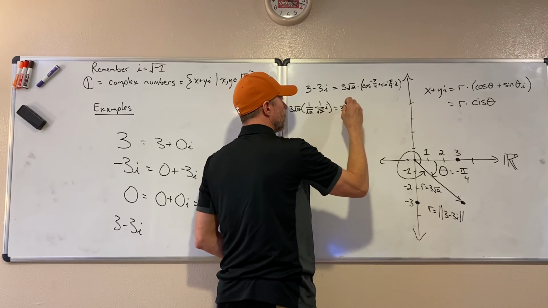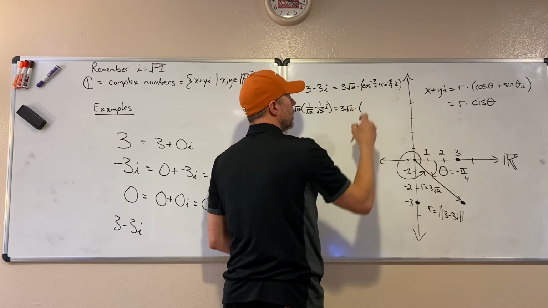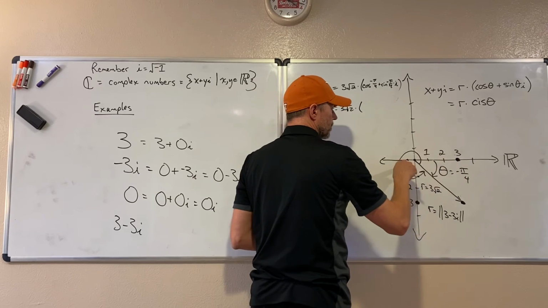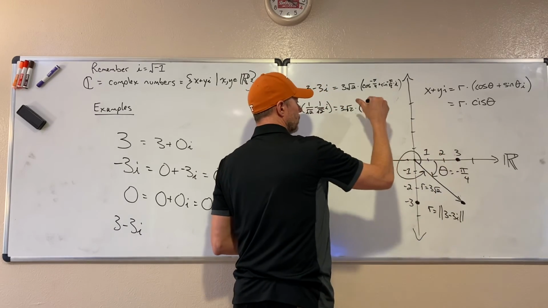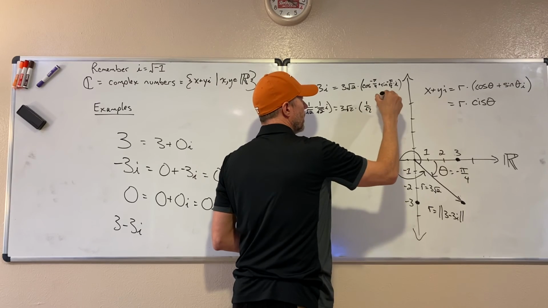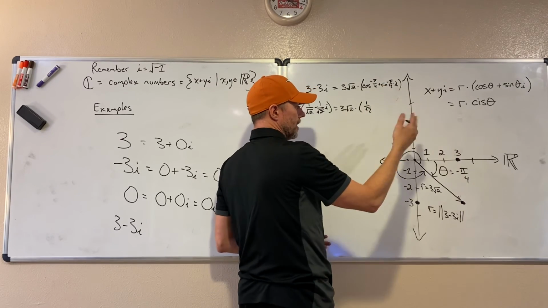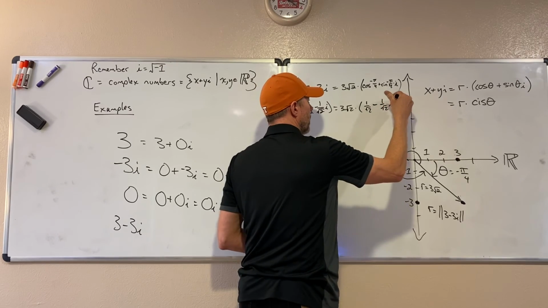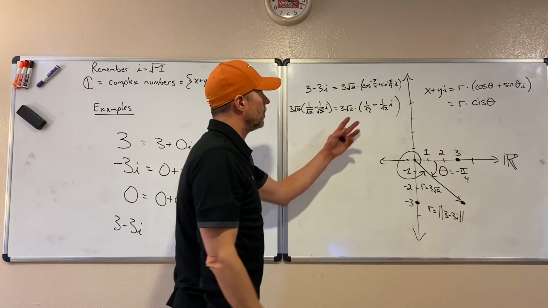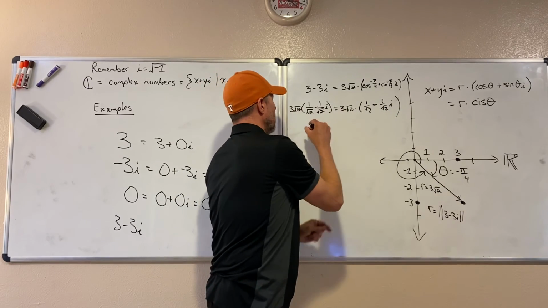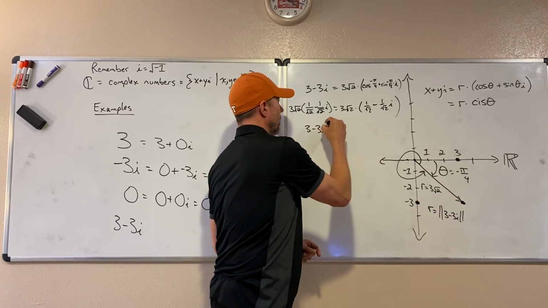So that gives me 3 root 2 times cos of negative pi fourths. Negative pi fourths is here, so you go over 1 over root 2 when you're on the unit circle. 1 over root 2. And then sine of negative pi fourths is negative because we're going down, and that's minus 1 over root 2 i. And so we see, oh yes, these are equal. We can redistribute, and we have 3 minus 3i.